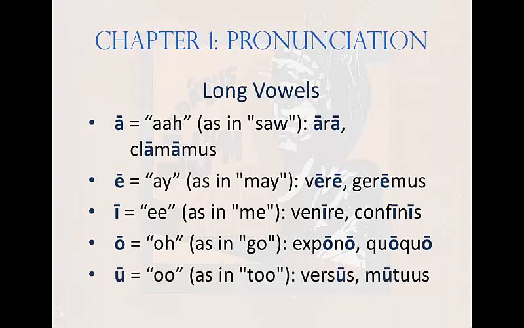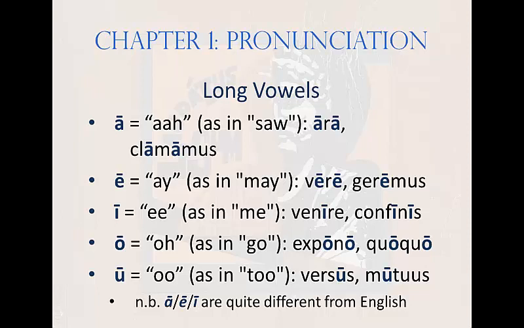And U, as in versus, or mutuus. Note how different the first 3 are from their English counterparts. Latin long A is really just a lengthened version of the short vowel A. Latin long E is pronounced like our long A. And third, the Romans pronounced their long I the way we pronounce our long E.